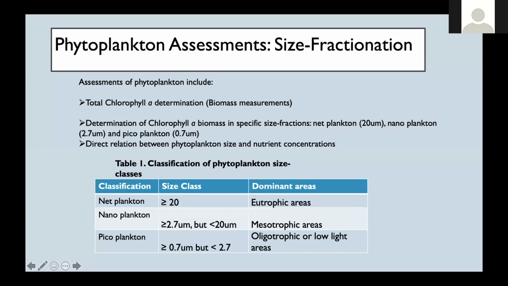As we may know or may not know, the determination of phytoplankton as chlorophyll A in size fractions can be extremely useful, as there's a direct relation between the phytoplankton size and nutrient concentrations, where we normally find the bigger size fractions in the more eutrophic or enriched areas, versus the smaller size fractions would mostly be associated with more oligotrophic or pristine conditions.